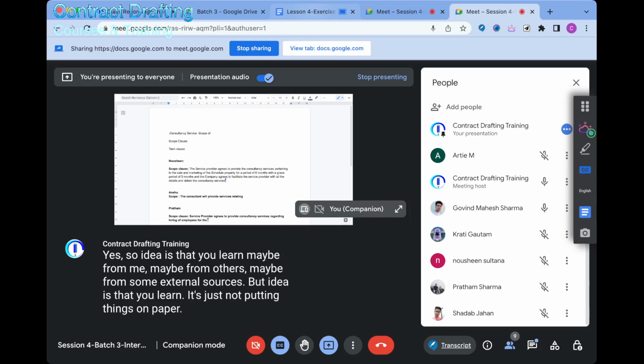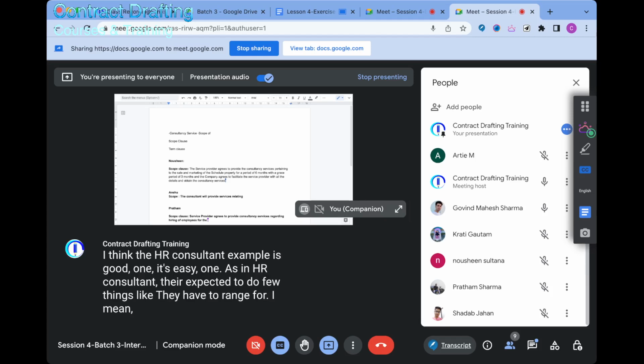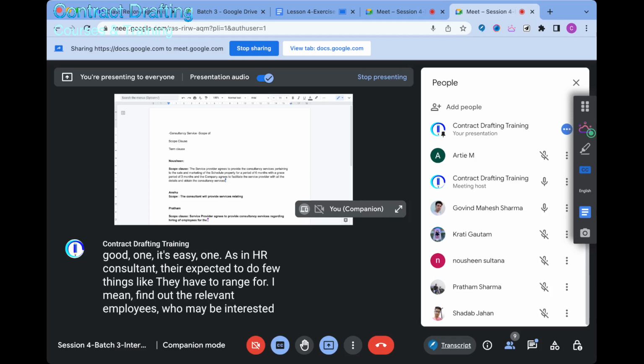Sir, please provide me a hypothetical situation where I am supposed to write a clause like this. The HR consultant example is a good one, an easy one. As an HR consultant, they are expected to do a few things: find out the relevant employees who may be interested in joining, and ask them a few questions.